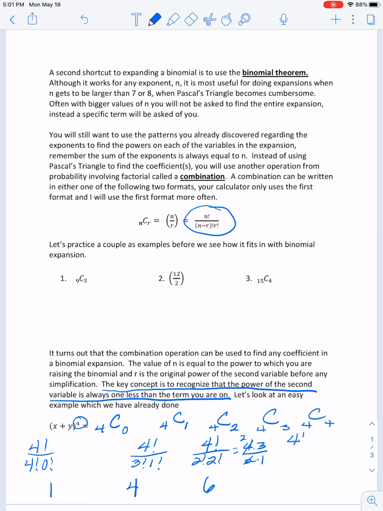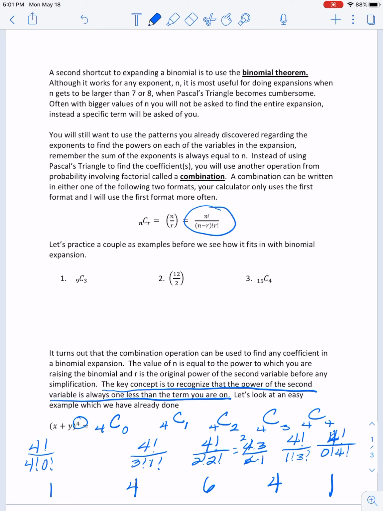Because you're still going to be doing 4 factorial, it's just that you're going to do 1 factorial, 3 factorial. You can see that the second and the second to last are going to be the exact same numbers, and you recognized that when you were doing Pascal's triangle. So that's a 4, and then 4 choose 4 is 4 factorial over 0 factorial, 4 factorial. And again, that's just going to be 1.